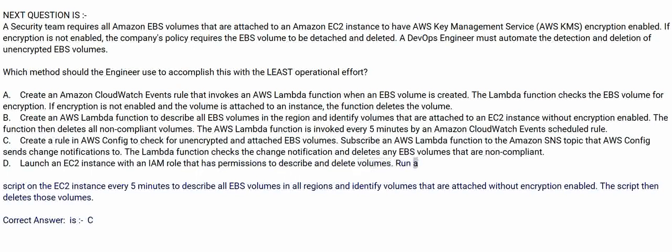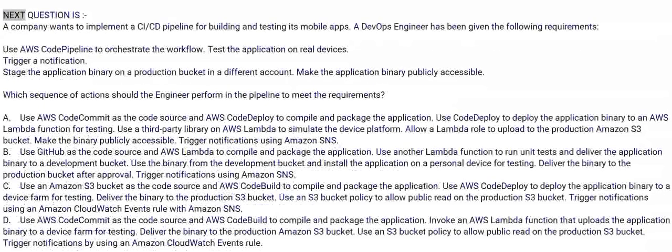Run a script on the EC2 instance every 5 minutes to describe all EBS volumes in all regions and identify volumes that are attached without encryption enabled. The script then deletes those volumes. Correct answer is C.